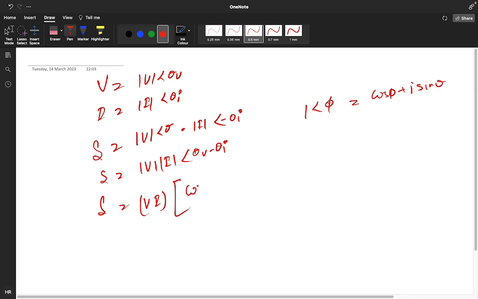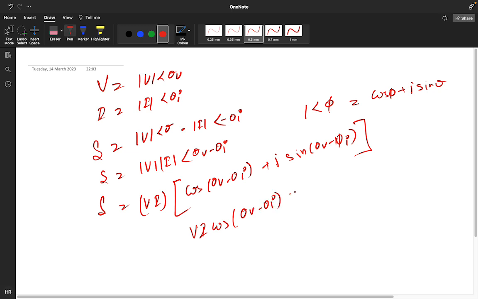So this will be cos (theta V minus theta I) plus j sin (theta V minus theta I). So you are getting VI cos (theta V minus theta I) plus j VI sin (theta V minus theta I).